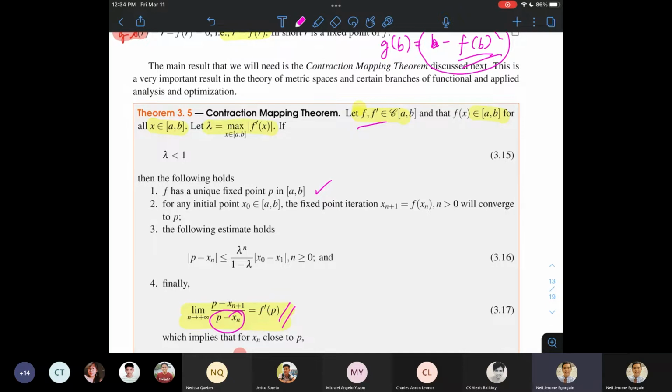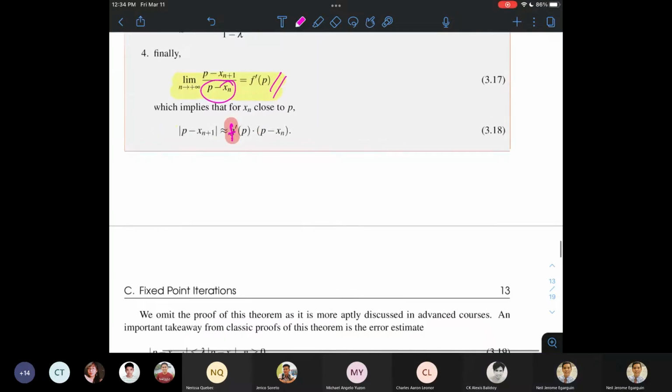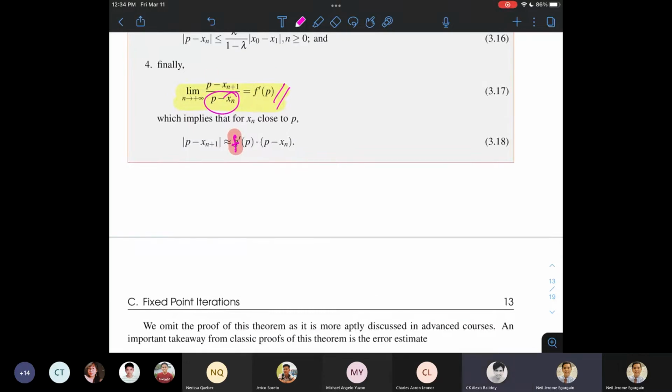Kasi kinuha natin yung Taylor series expansion niya up to the second order. Pero dito sa contraction mapping theorem, ang ginaguarantee, ang nire-require lang natin ay yung continuity ni f at saka ni f prime. So if these conditions are met, then we will have an iteration that converges to the unique fixed point and that it converges linearly.